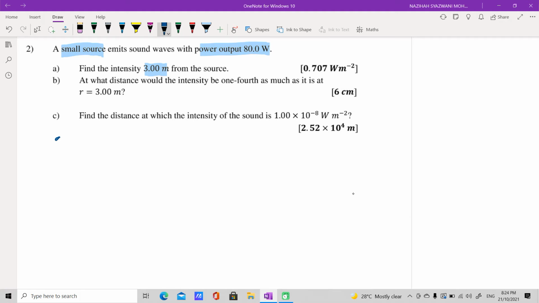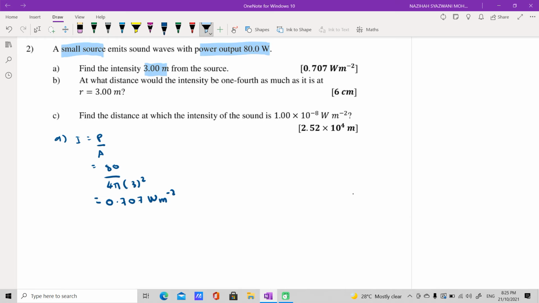For part A, I equals P over A, where A is 4 pi r square. So 4 pi, the radius is 3. Don't forget to square. Your answer should be 0.707 watts per meter square.